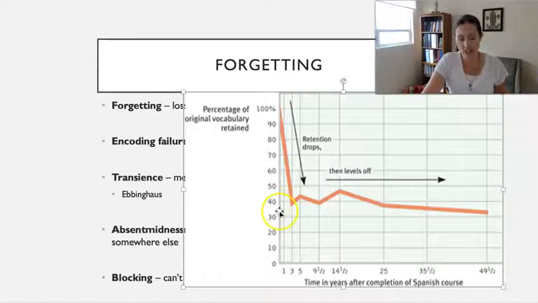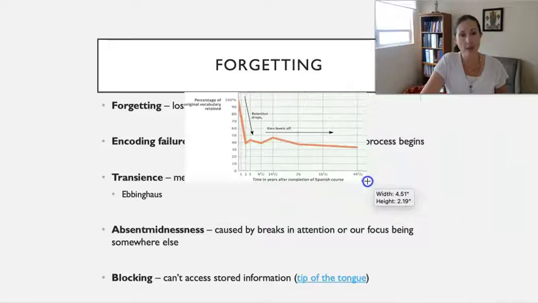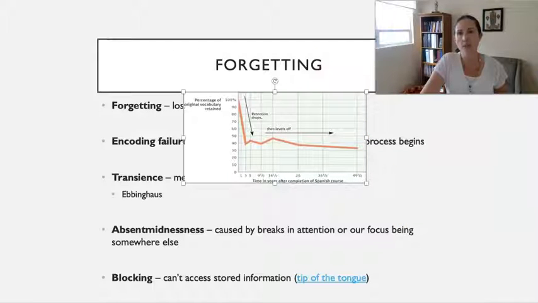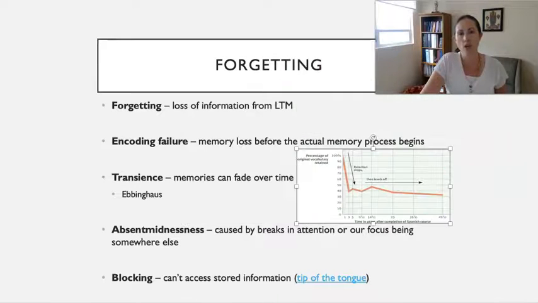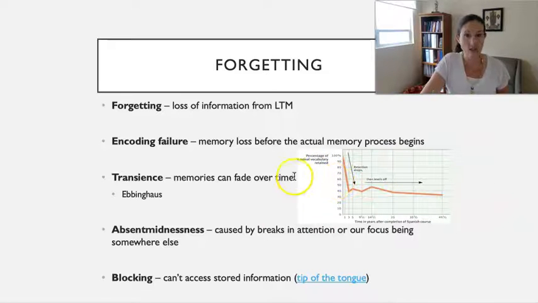For this forgetting curve, you lose 50% in the first 20 minutes, and just over 60% in the first day, and then it sort of tapers off after that. Most forgetting occurs quickly. When we talk about ways to remember better, we will talk about a way to help this forgetting curve. But transience is that it just fades over time.